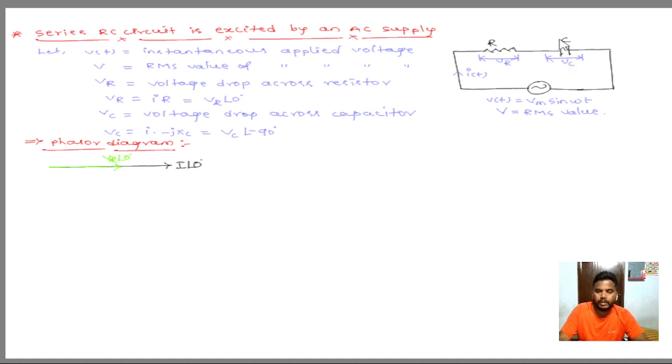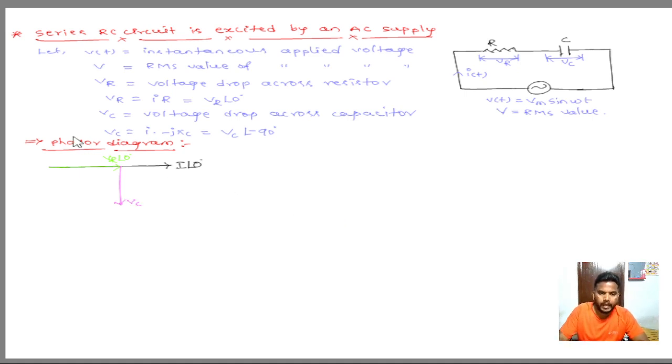Then we draw the voltage drop across the capacitance VC. VC is at an angle minus 90 degrees. In pure capacitance, voltage lags current by 90 degrees. Therefore we draw VC lagging current by 90 degrees.